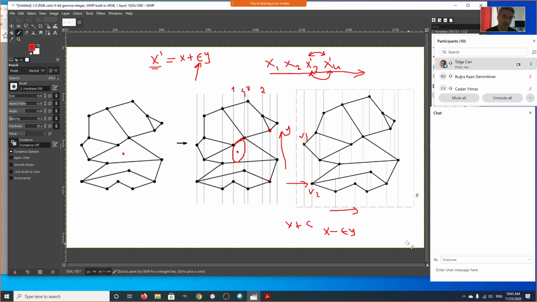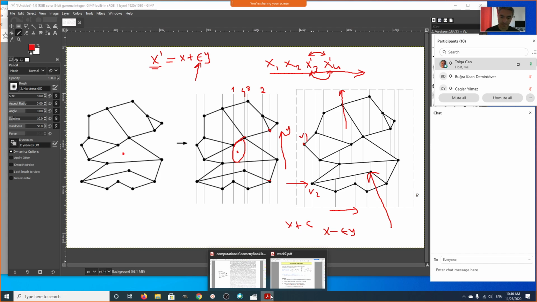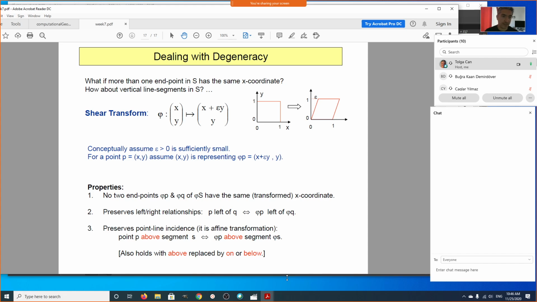So the figure that you see here is not the result of a consistent shear transform, because if it was, we would see a consistent shift towards the right for the vertices that are at higher y coordinates. Okay, but you get the idea. It basically says that it's possible to get rid of this constraint where no two vertices have the same x coordinate. All right, and that's it.